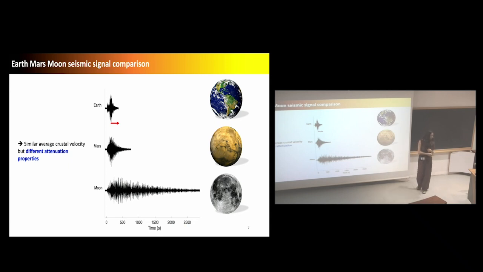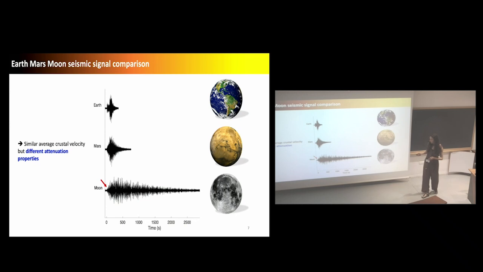On the Moon, we have something quite different, because you observe here a lot of multi-reverberation and diffusivity. So the signal is very diffuse. Usually we can identify clearly the first arrival, but we have difficulties, and sometimes it's really impossible to identify the S arrival.